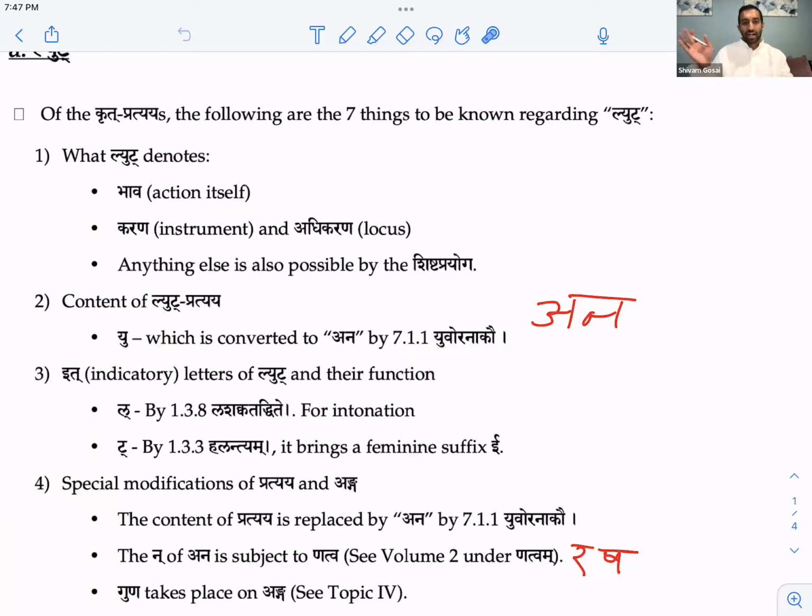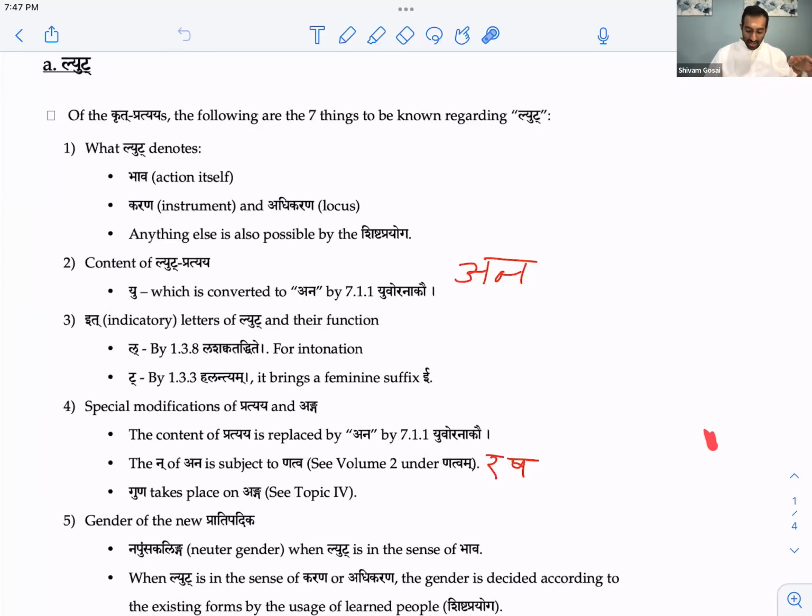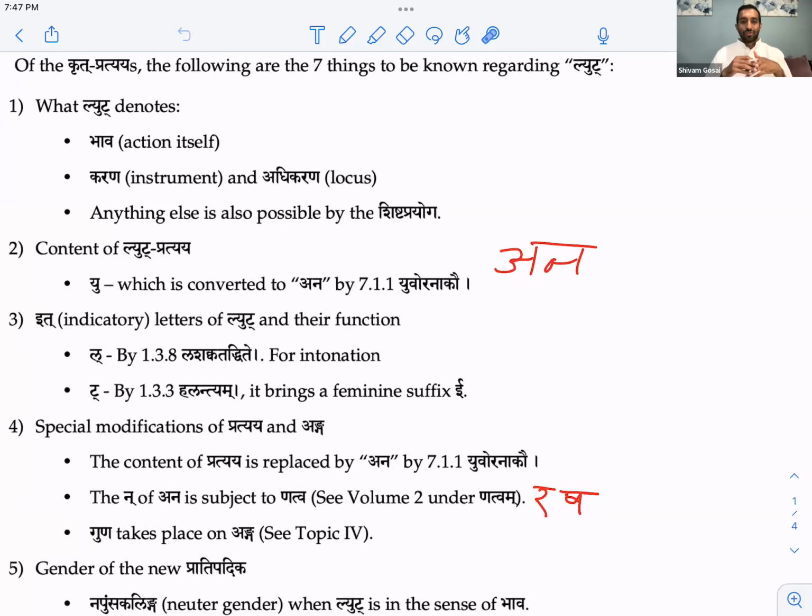We don't need to worry about the aka because that comes later, in a different sense. We'll see that at a different time. But where it says is yu becomes ana. That's what Panini says. So that's just how it is in essence.